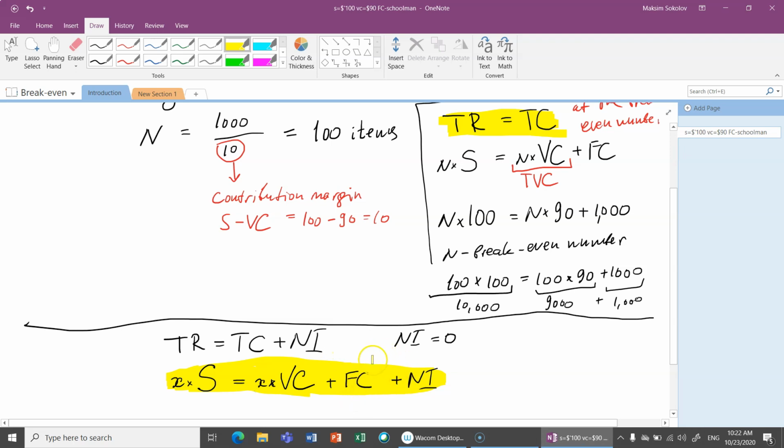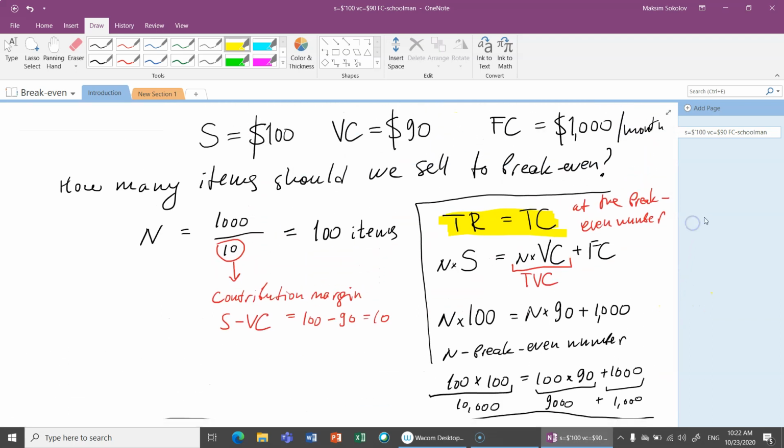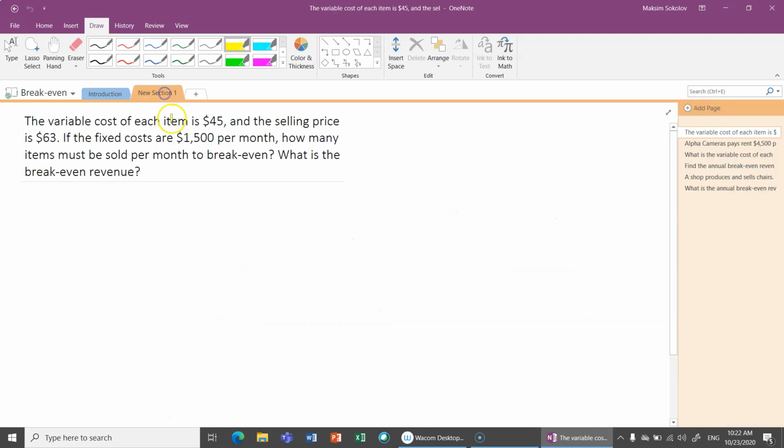But if you sell exactly the number of items to break even, net income will be 0. Now, we will explore this topic further using examples when things will become clearer, of course. So let's go ahead and check out our first example.